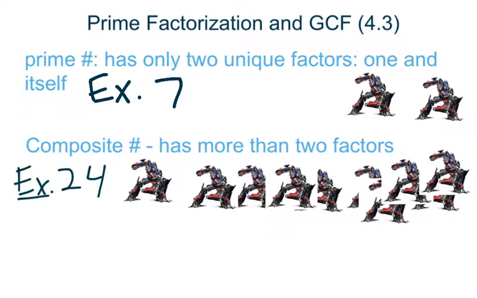How about 24? 24 has 1 and 24. It has 2 and 12. 3 and 8. And running out of room, 6 and 4. So a whole bunch of factors for 24.